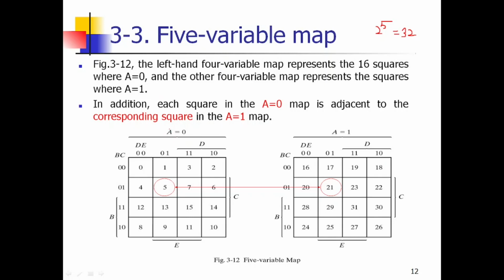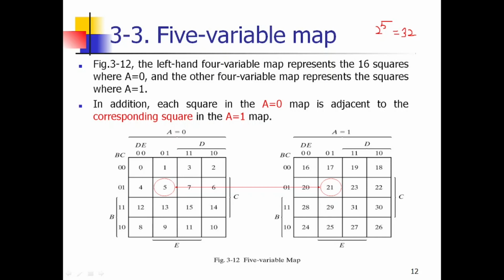So what are the 5 variables involved here? This is A equal to 0, that is A dash. All the minterms in these 16 cells have the A variable represented as A dash, and in these 16 cells the A variable is represented as A. Okay. And of the remaining 4 variables, the row variable is BC and the column variable is DE.